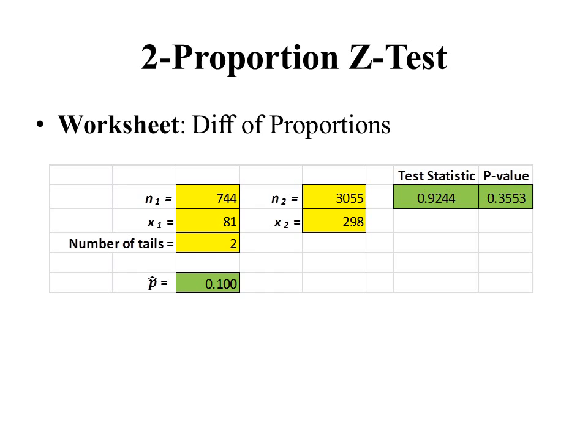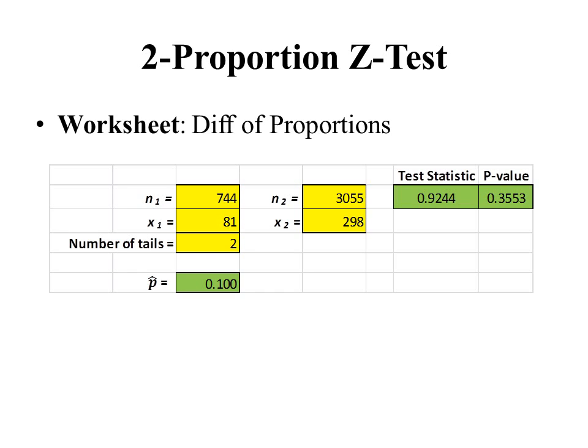Specifically, the worksheet is called the difference of proportions. Here in the yellow cells, we're going to enter our sample data, n1 and x1. This is the size of my first sample and the number of successes in my first sample. Then the size of my second sample and the number of successes in my second sample. In this case, a success is a person with cardiovascular disease.